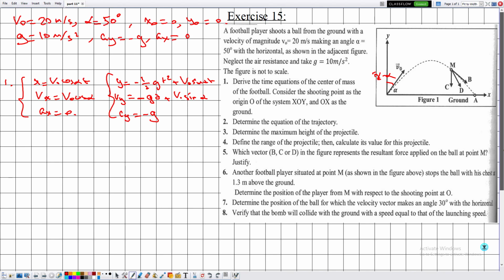So now, because v0 is equal to 20 meters per second and alpha is equal to 50 degrees, v0 cosine alpha is equal to 20 multiplied by cosine 50, which is equal to 12.86.